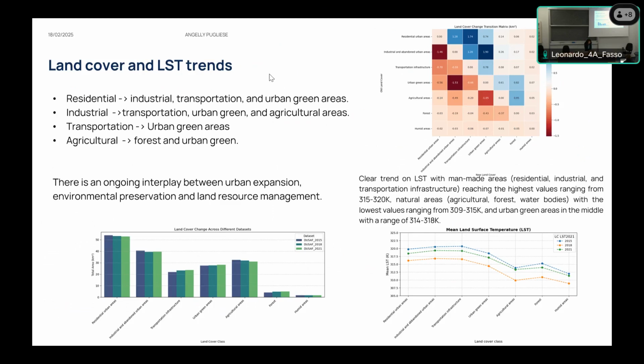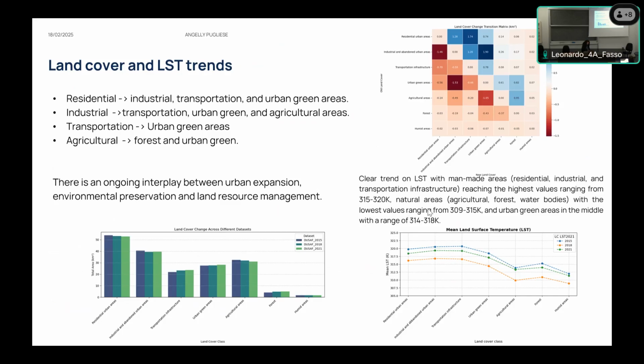And then in the graph down here, you can see the summary that I made for each of the DUSAF classes with respect to the land surface temperature. So we can see, sorry, the font is quite small, our residential, industrial, and transportation infrastructure are the first 3 dots in the lines, and these correspond, of course, to the highest temperatures, ranging from 315 to 320 kelvins.